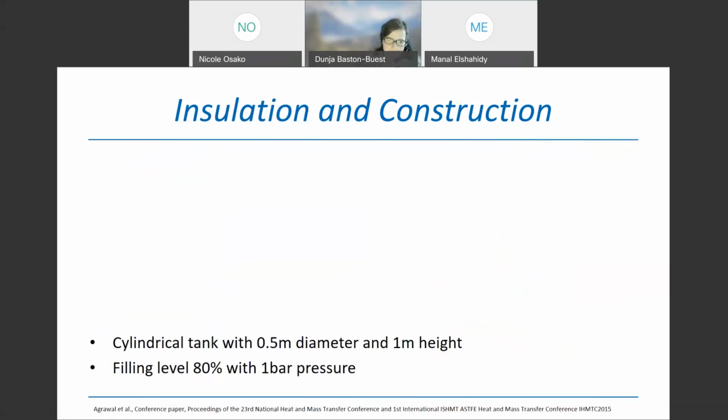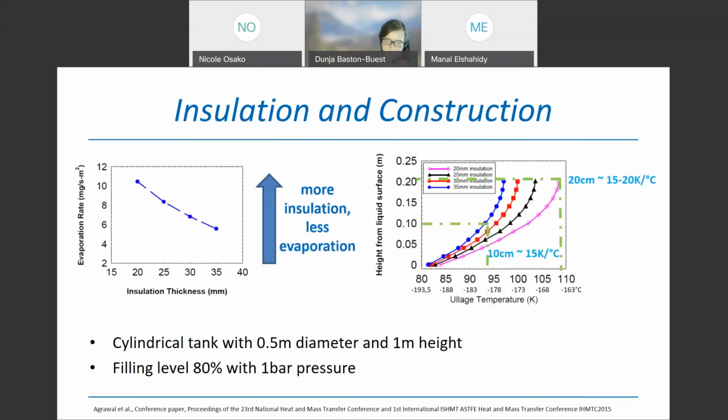I found some data about a cylindric tank, and I will show you this data. It's a tank with a diameter of 50 centimeters and 1 meter height, so typical for our centers too, with a filling level of 80% at 1 bar pressure. And the data show that the more insulation you have, the less evaporation of liquid nitrogen there will be.